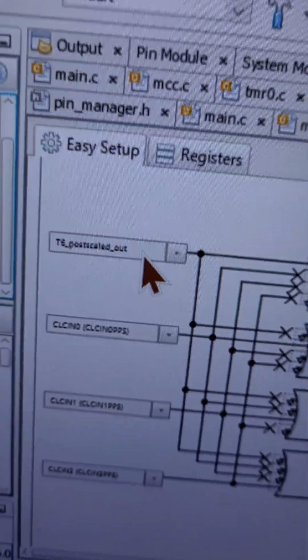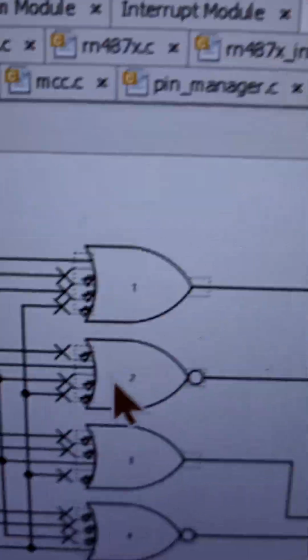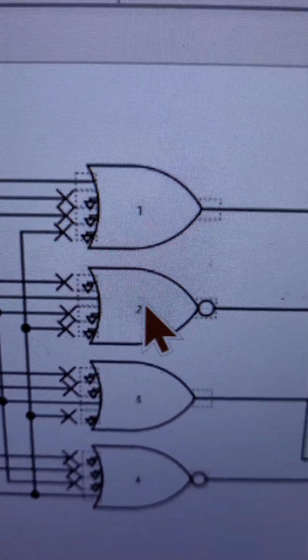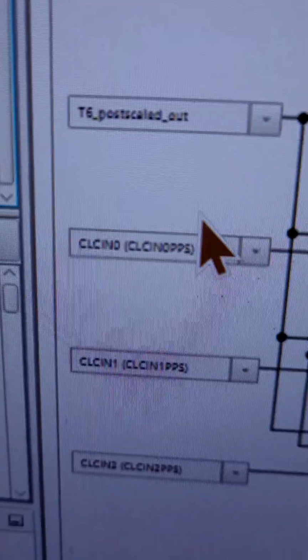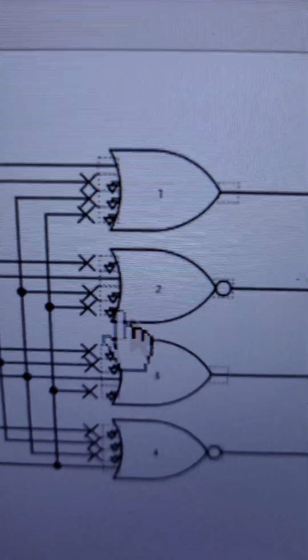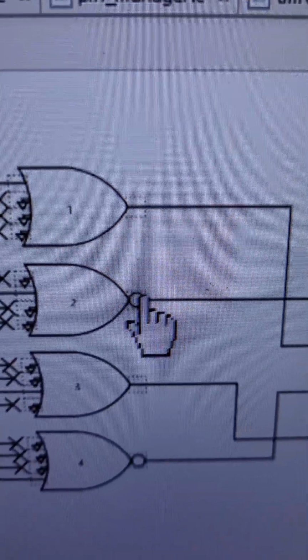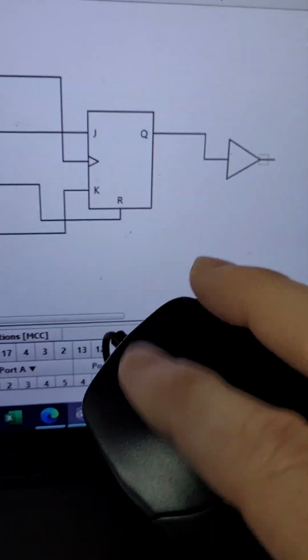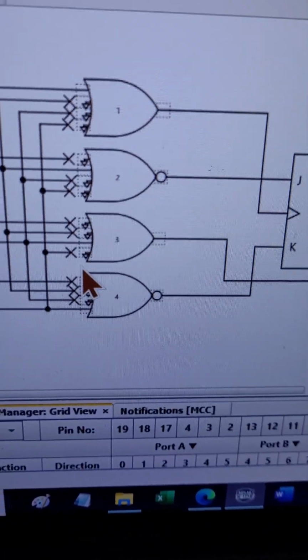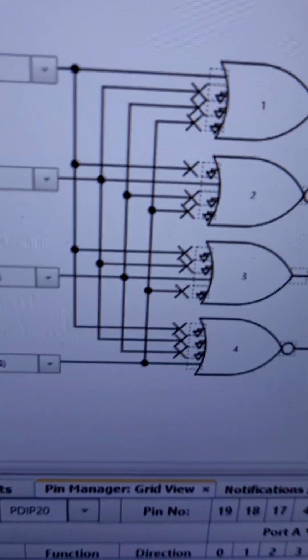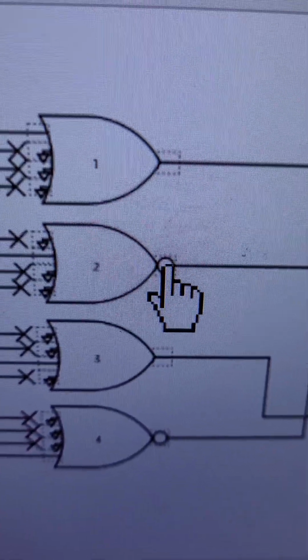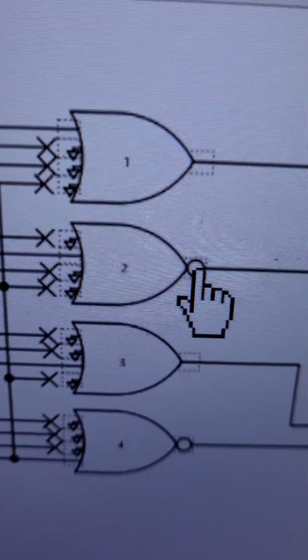Since this OR gate is not connected to anything, it's literally connected to ground, so the output will be grounded. But by clicking the mouse, I can change the output from OR to NOR. So now it is an OR gate, now it is a NOR gate.